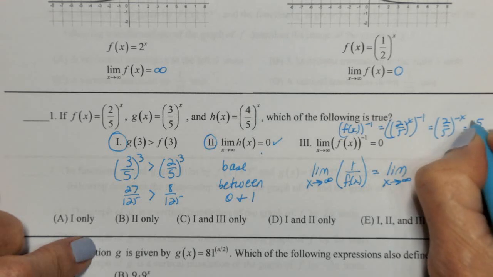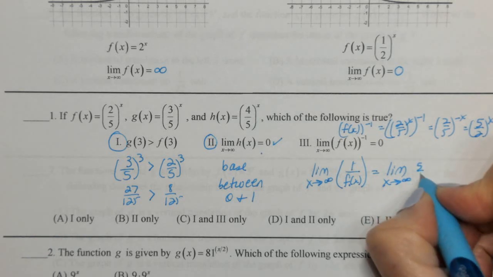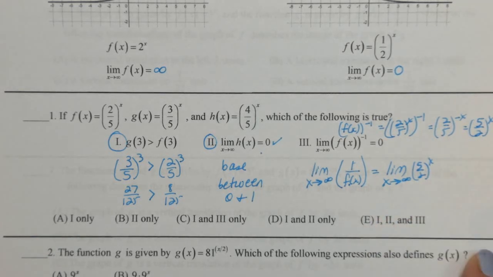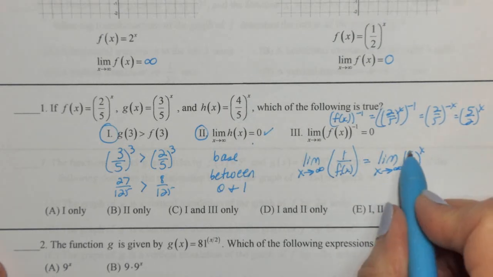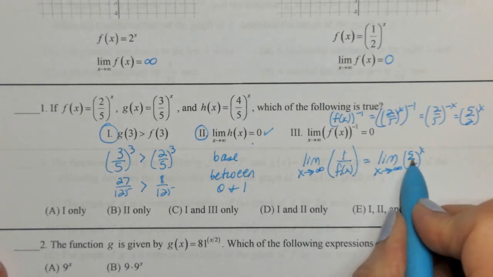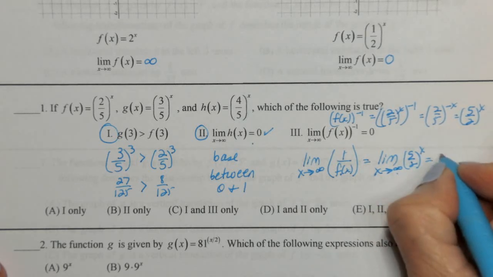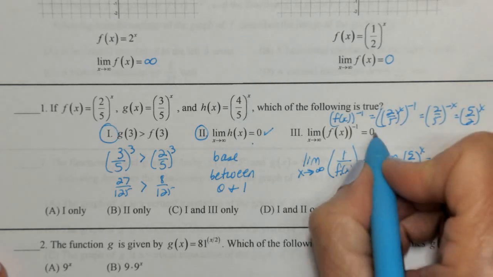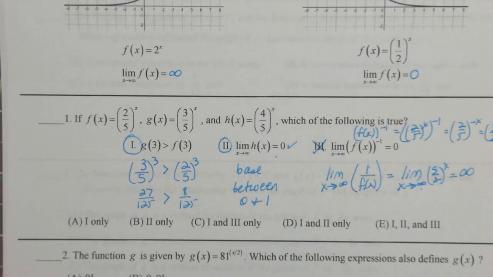That is 5/2 to the x. As x goes to infinity now, the base is bigger than 1. And as x goes to infinity, this is growth. And so this will be infinity, not 0. So 1 and 2 only are true.